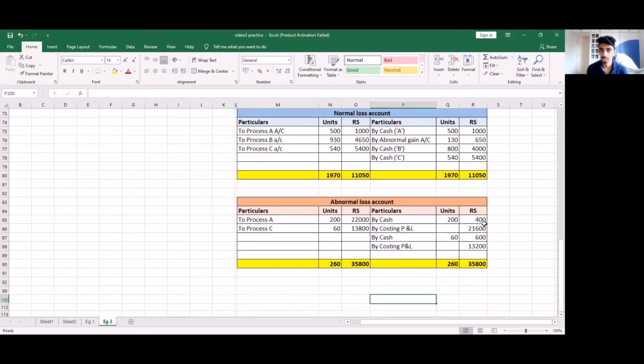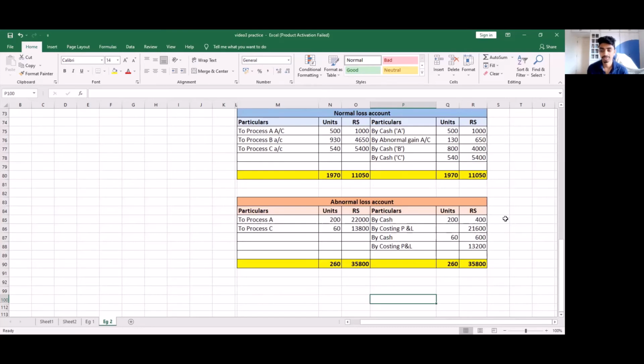Now we need to know that this doesn't show in our process account because abnormal loss does not affect our cost per unit. The reason for this is that abnormal loss is borne by the business while normal loss is borne by the customer. So because abnormal loss is borne by the business, it is a loss and it is transferred to our costing profit and loss account.